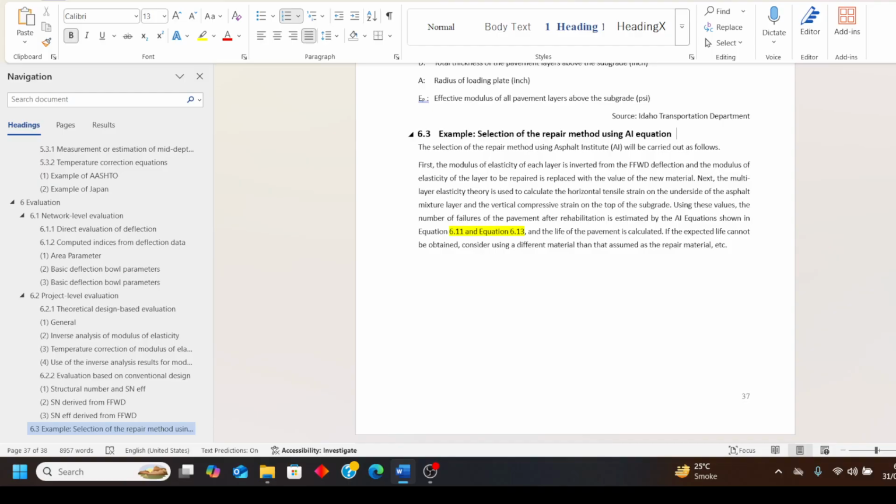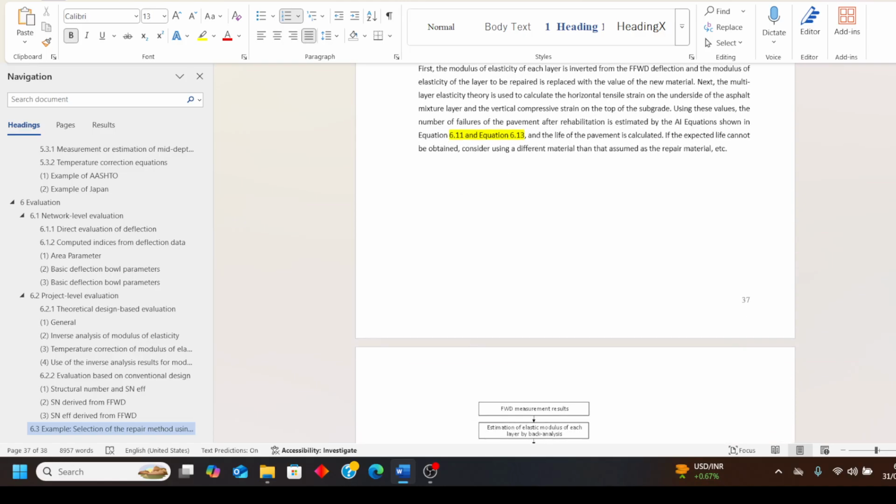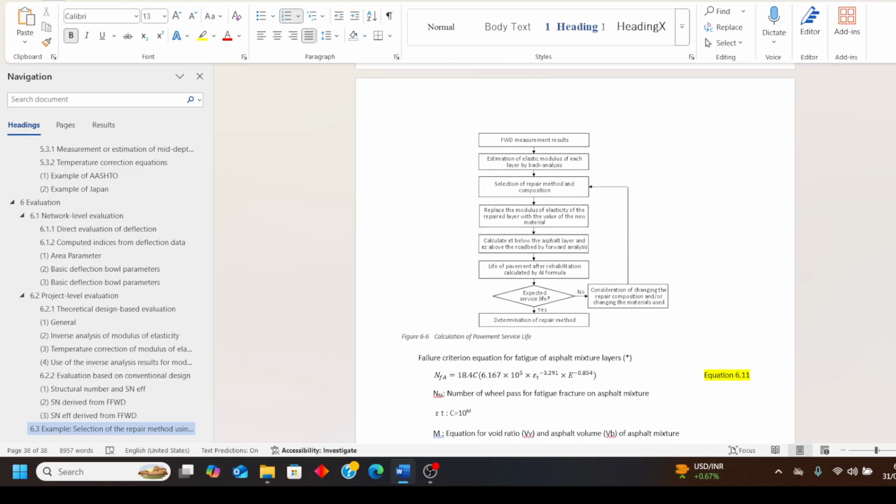And then we do the forward analysis, which is the strain calculation. We apply the multi-layer elastic theory, and we calculate the two critical strains under the standard load: the horizontal tensile strain at the bottom of the asphalt layer, which governs the fatigue cracking, and the vertical compressive strain at the top of the subgrade, which governs the rutting or deformation.